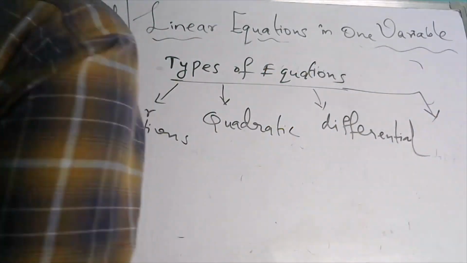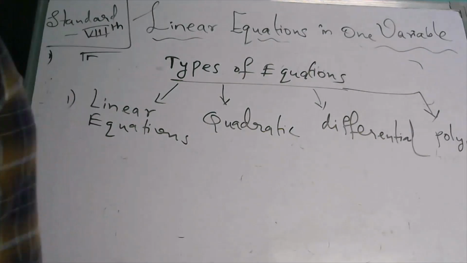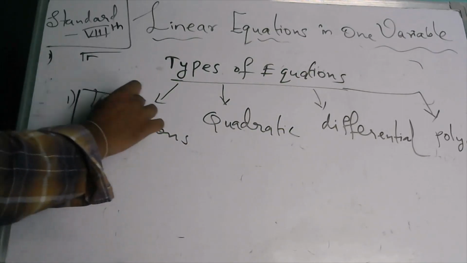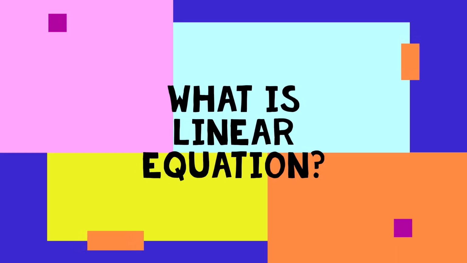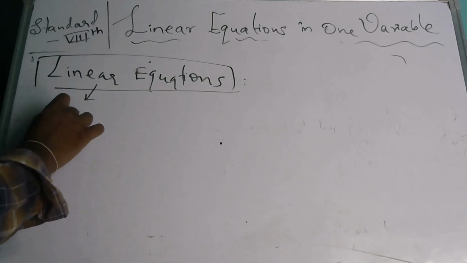Fourth one, polynomial, maybe. So there are these many types, and more. Linear equations. So our chapter deals with linear equation. It means straight line.